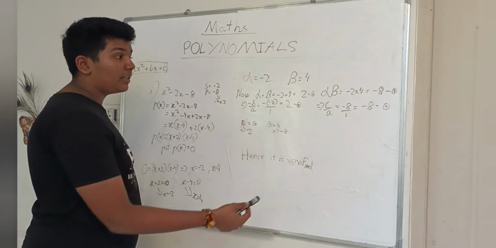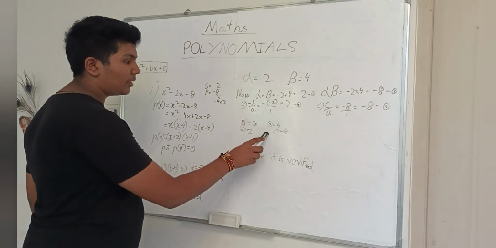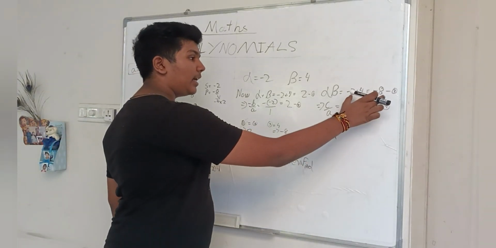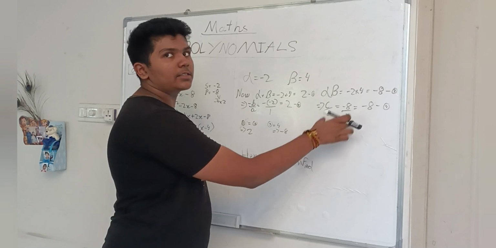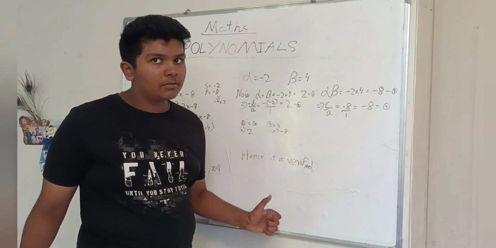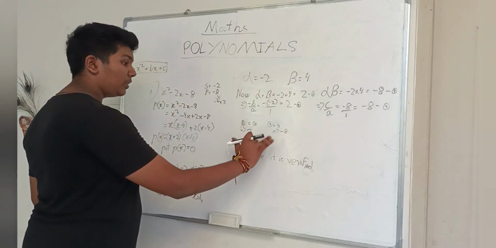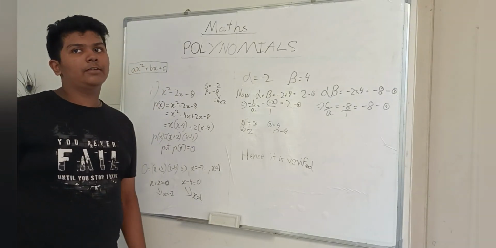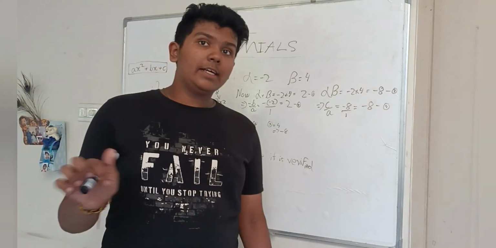Now the other one, the product. Equation number 3 is equal to equation number 4. So this LHS is equal to this RHS. Hence it is equal. So these two zeros are verified. Now we'll be doing the next problem.